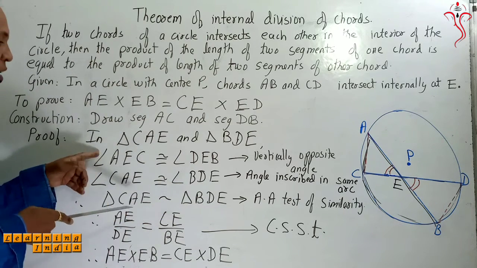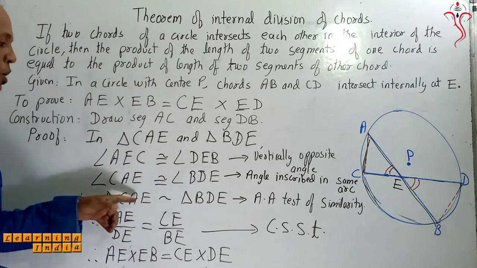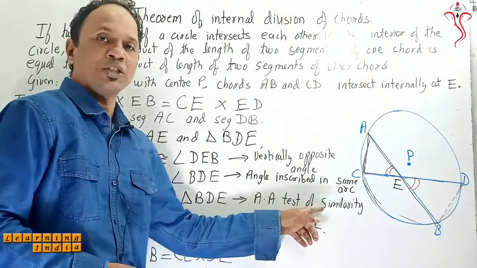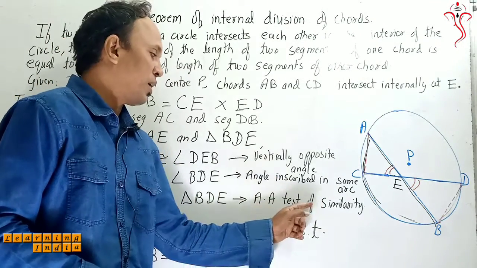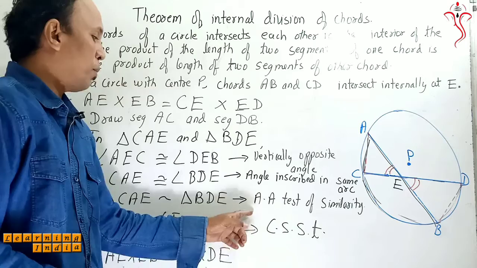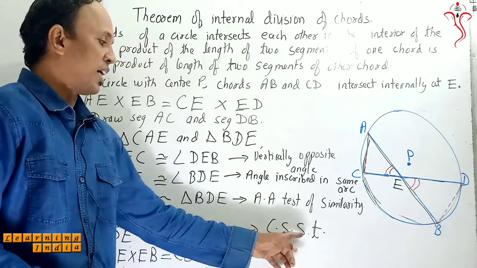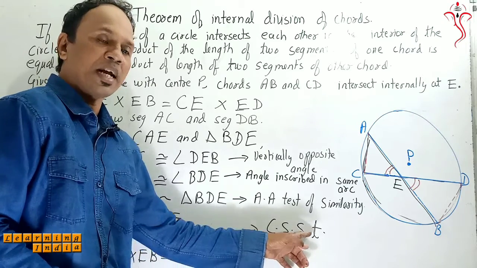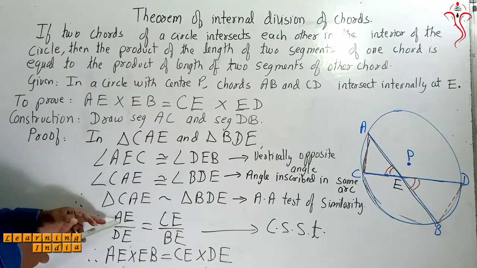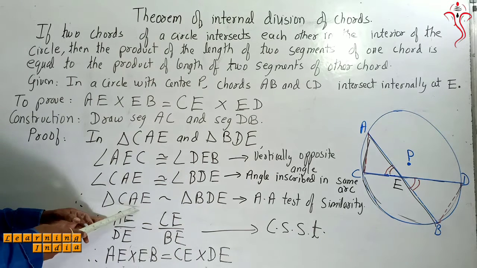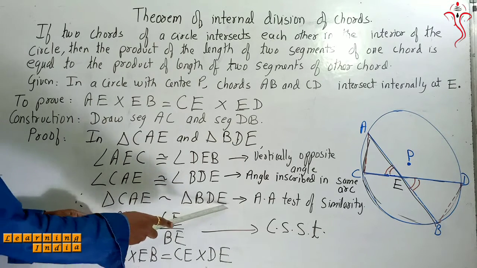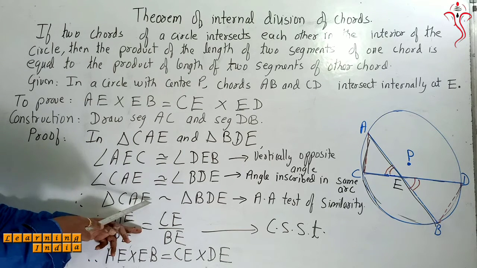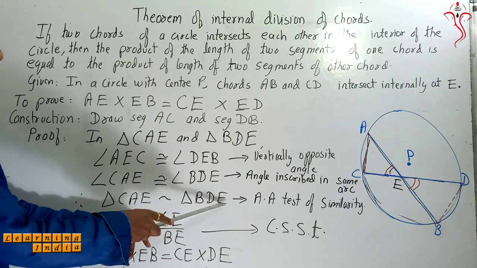If two angles of the triangles are congruent to each other, then we can put the word similar by the AA test of similarity. After the AA test of similarity, we write CSST, meaning corresponding sides of similar triangles. How do we write it? AE upon DE, second and third alphabet, is equal to CE upon BE, first and third alphabet.